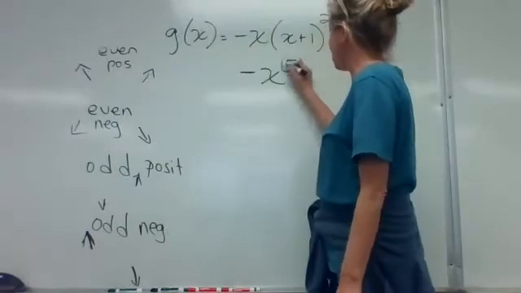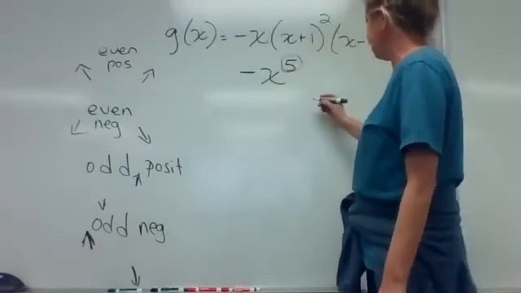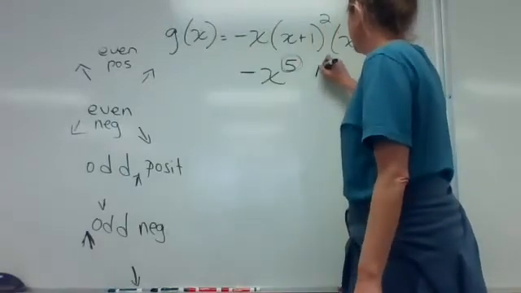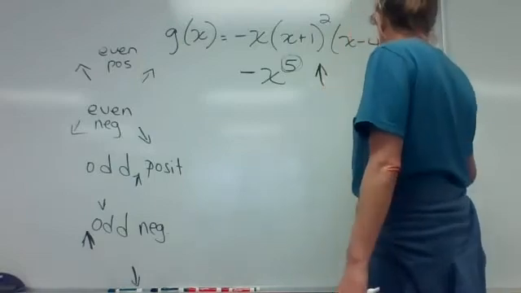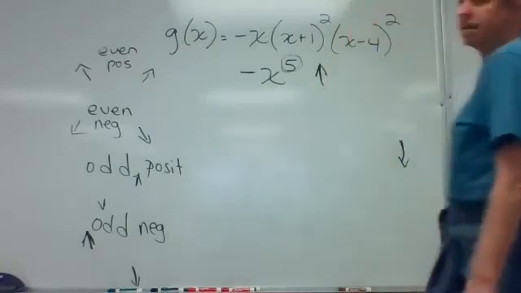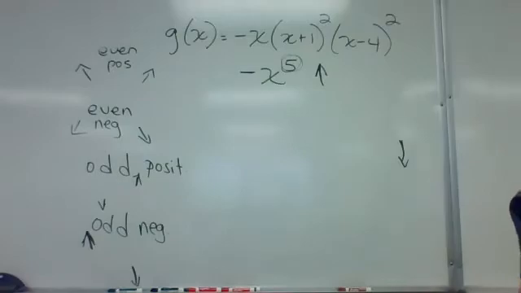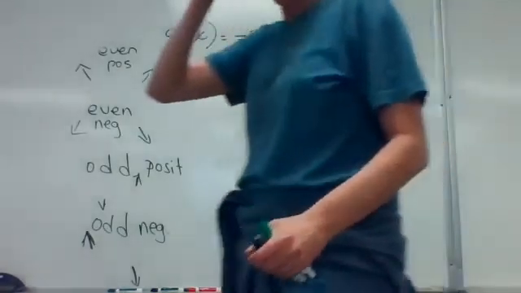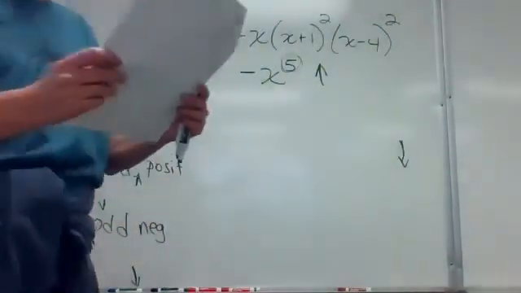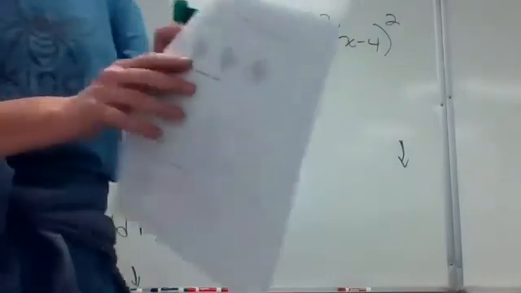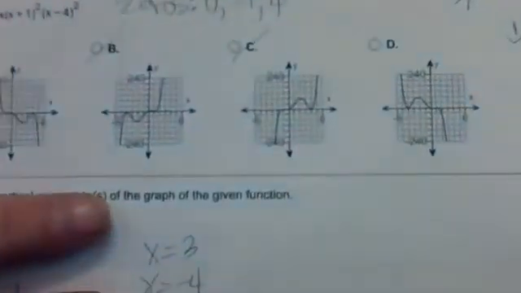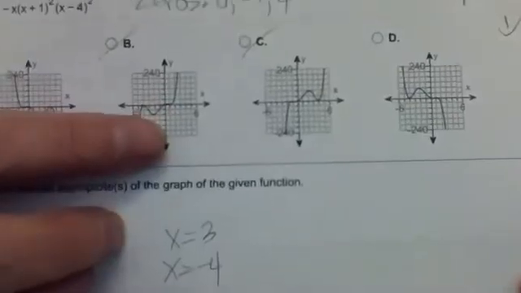The exponent is odd, the term is negative, which means this one is going to start at the top and end at the bottom. Okay, that's going to give me down to, look at these 4 options. Look at C and B.